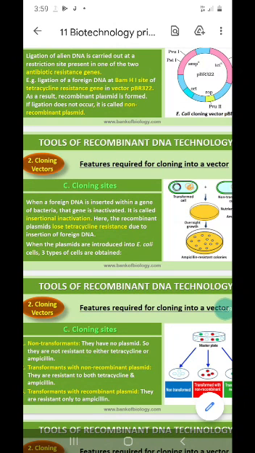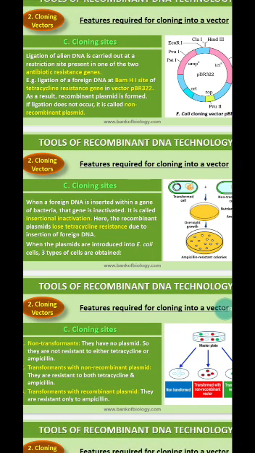One is the transformant with the recombinant DNA. The other is non-transformants, which do not have the recombinant DNA. And the third type of cells formed is transformants with the non-recombinant plasmid. Or two types of cells are formed, that you remember: transformants with recombinant DNA and non-transformants. At least that you remember.